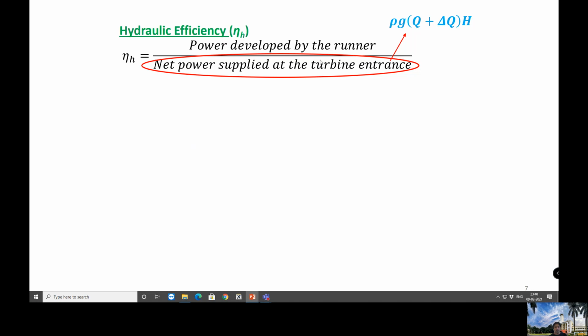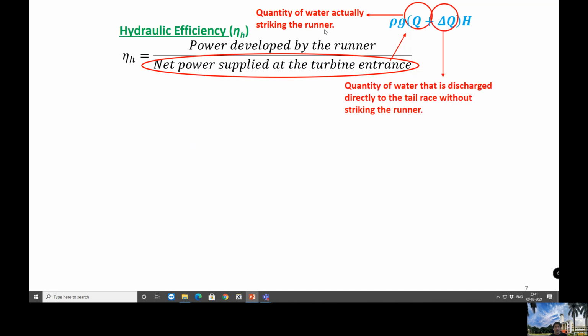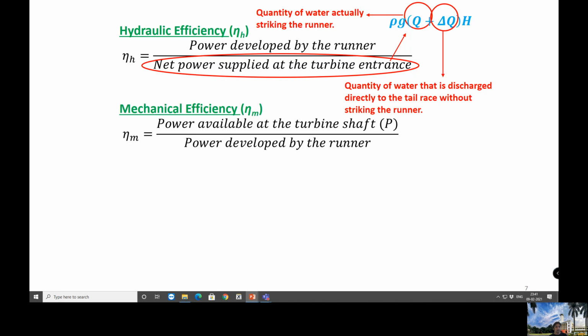The net power supplied at the turbine entrance is given by rho (Q plus delta Q) into H, where Q is the quantity of water actually striking the runner, and delta Q is the quantity of water that is discharged directly to the tail race without striking the runner. So basically, the entire discharge. There's another called mechanical efficiency, and that is defined as power available at the turbine shaft P divided by power developed by the runner.